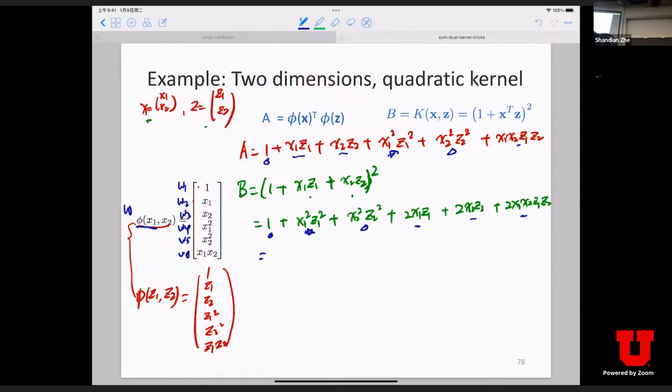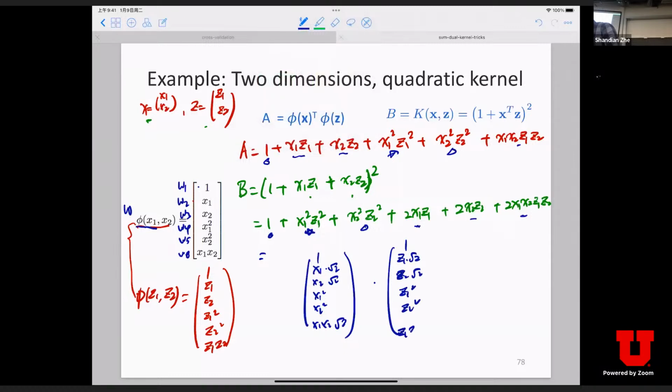It's like you map a feature vector like x1, x2, x1 square, x2 square, x1 x2, and multiply the cross term by square root of 2 here. Then you multiply with another feature vector, so you just change the feature mapping a very tiny bit: z1 square, z2 square, square root of 2 times z1 z2. And when you do the dot product, you see that the square root of 2 multiplied becomes 2.